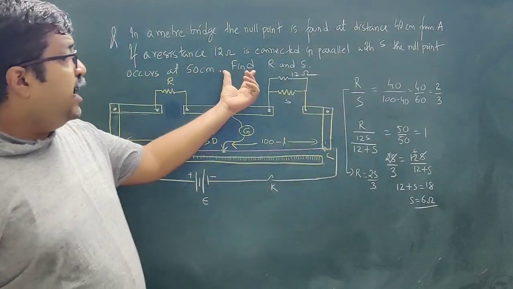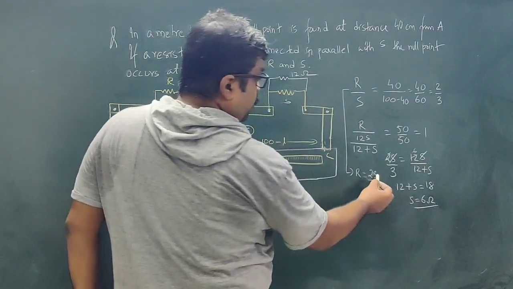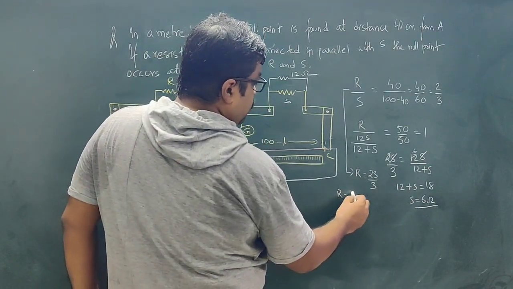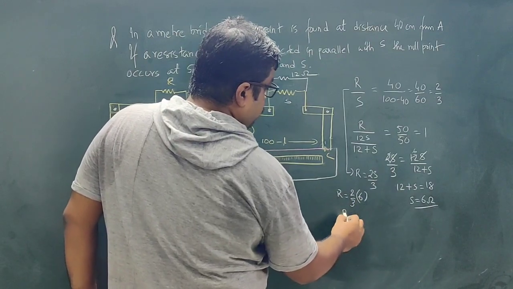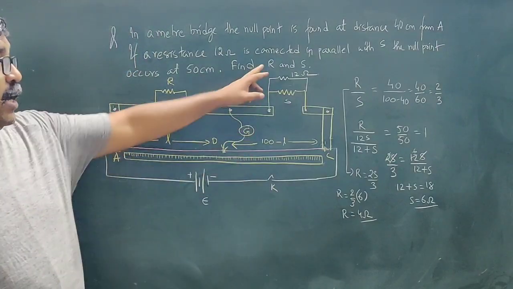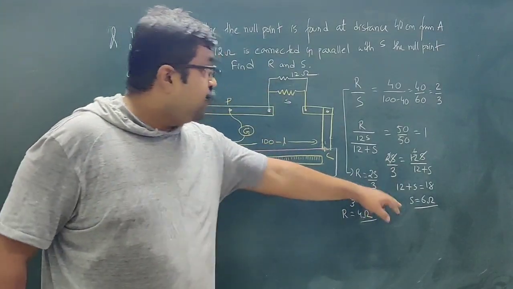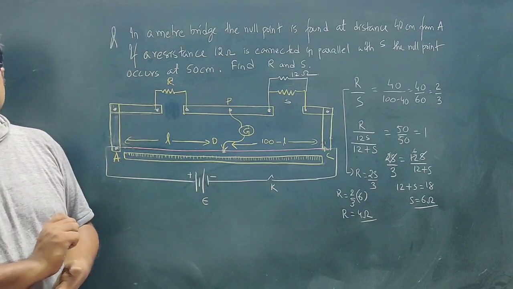We have to find the values of R and S. S is 6 ohm. If you substitute that over here, R is equal to 2 by 3 times 6, so R is equal to 4 ohm. So the value of R is 4 ohm and the value of S is 6 ohm. This is how we can solve this question.